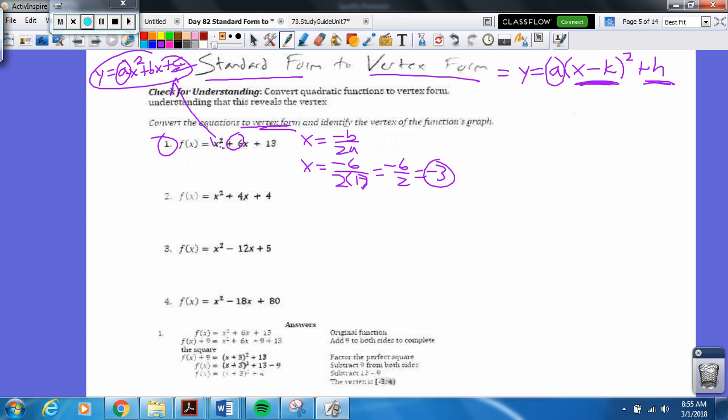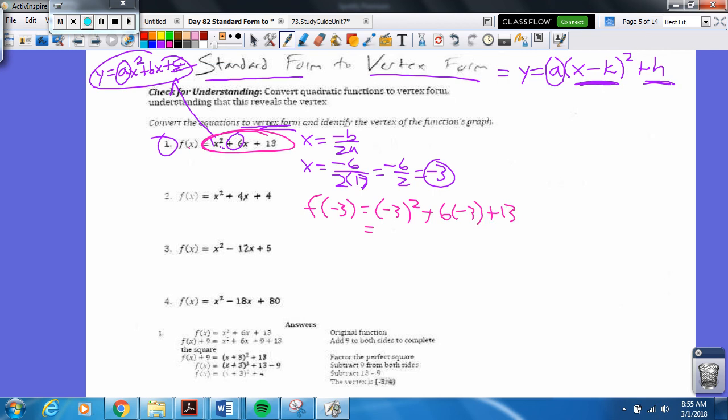So I need the vertex, though. How do I get the vertex? Oh, I need to plug it in. So f of negative 3, so I'm plugging in negative 3 for x to get my y. Negative 3 squared, plus 6 times negative 3 plus 13.